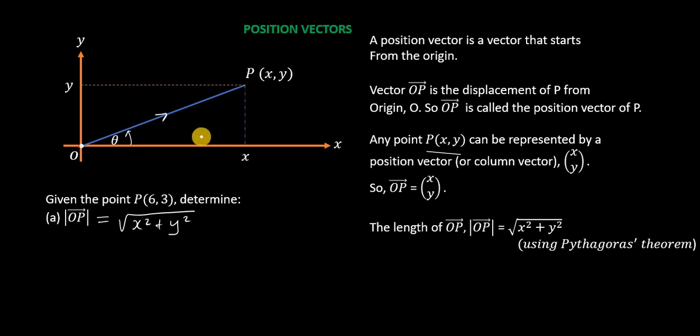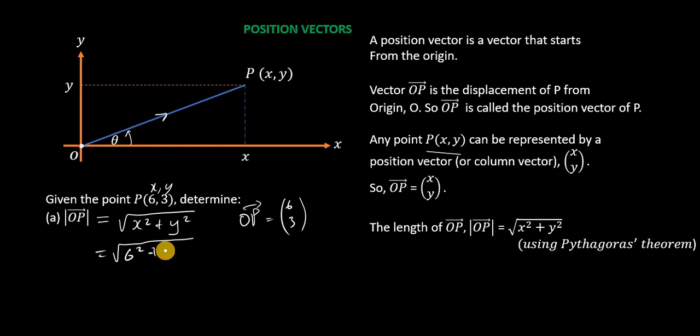And what is the x component? Well, the coordinates of P are 6 and 3. That is x equals 6 and y equals 3. And so when we look at position vector OP, its components will be, as a column vector, 6 and 3. And so we'll replace the x and y with 6 and 3 respectively.